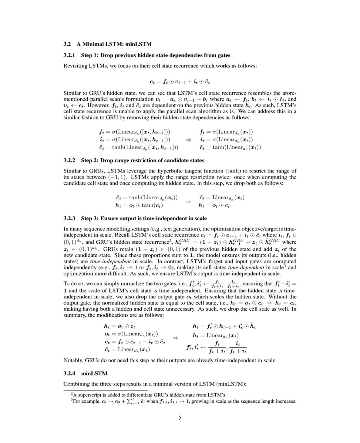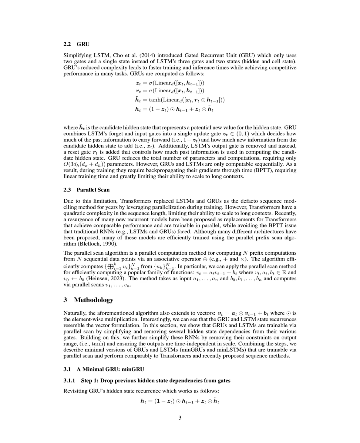In terms of parameter efficiency, minGRU requires only O(2 d_h d_x) parameters, which is significantly fewer than GRU's O(3 d_h (d_x + d_h)), while minLSTM uses O(3 d_h d_x) parameters compared to LSTM's O(4 d_h (d_x + d_h)).